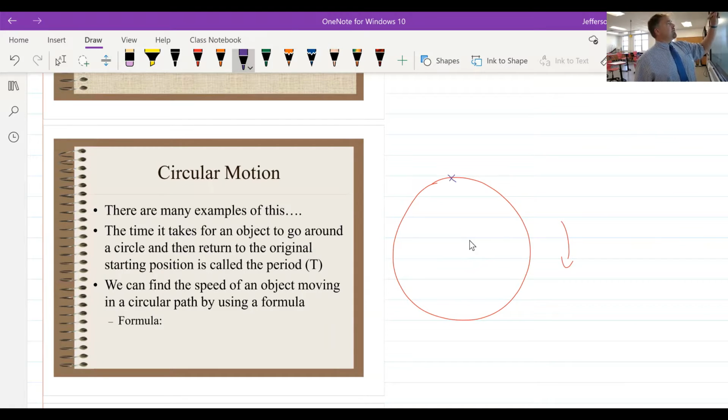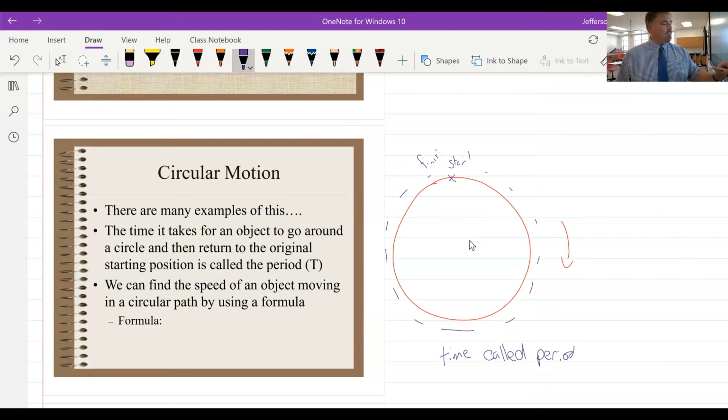The time it takes for it to start, go all the way around, and finish in the same spot is a special time called the period. The period comes with its own symbol, a capital letter T. It is still time, still measured in seconds, but it is the time it takes to go around that circular motion one time.